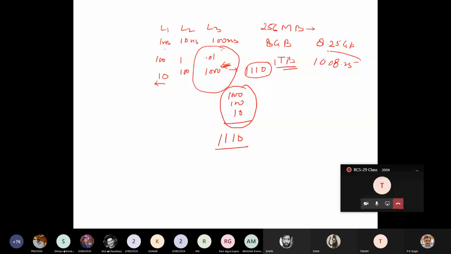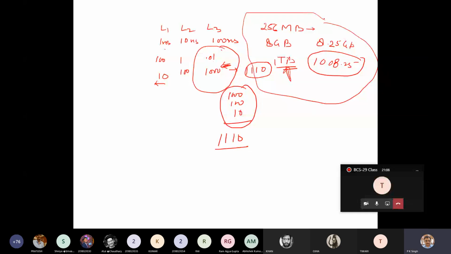You may say the storage cost is only due to this hard disk. So this memory system will become cheaper, and cost per bit is cheaper. So we keep the higher volume in the cheaper memory system.